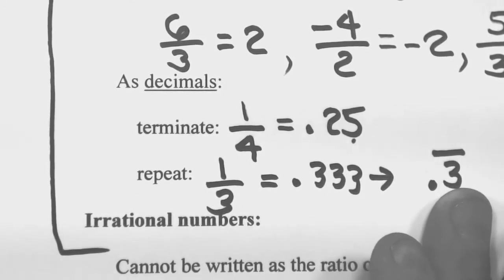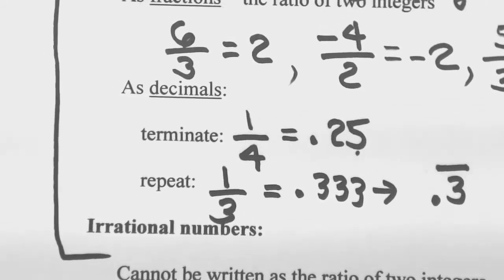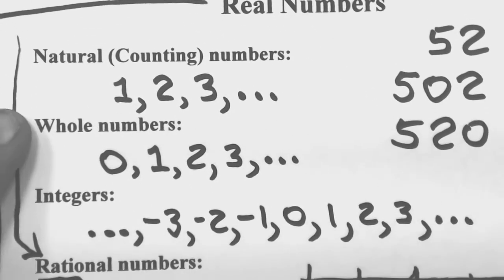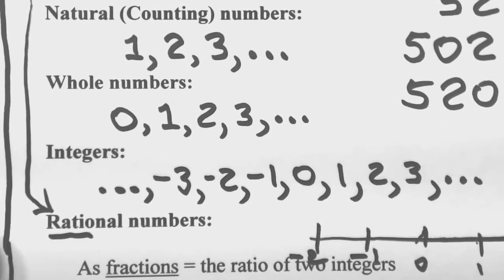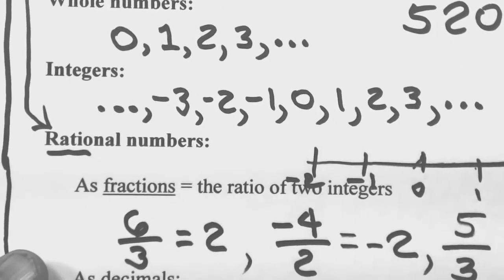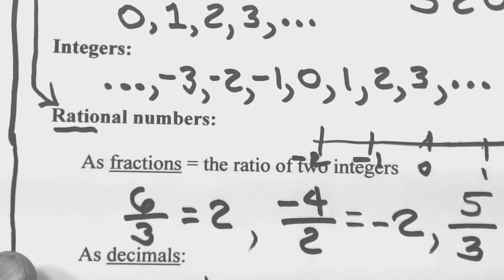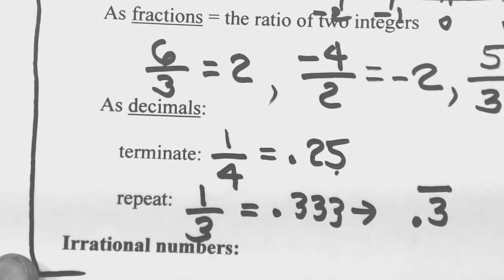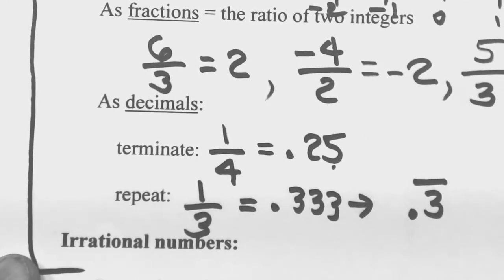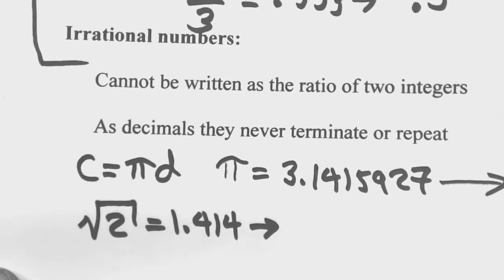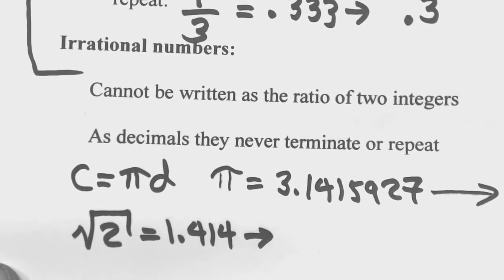So, the major groups of the real numbers happen to be the natural or counting numbers, the whole numbers, the integers, which are all versions of rational numbers, which of course include all the fractions and decimals that terminate or repeat, but you also have to toss in all of the irrational numbers. They're the guys that fell out the number line, and classic examples of them are like pi and the square roots that don't have nice answers.